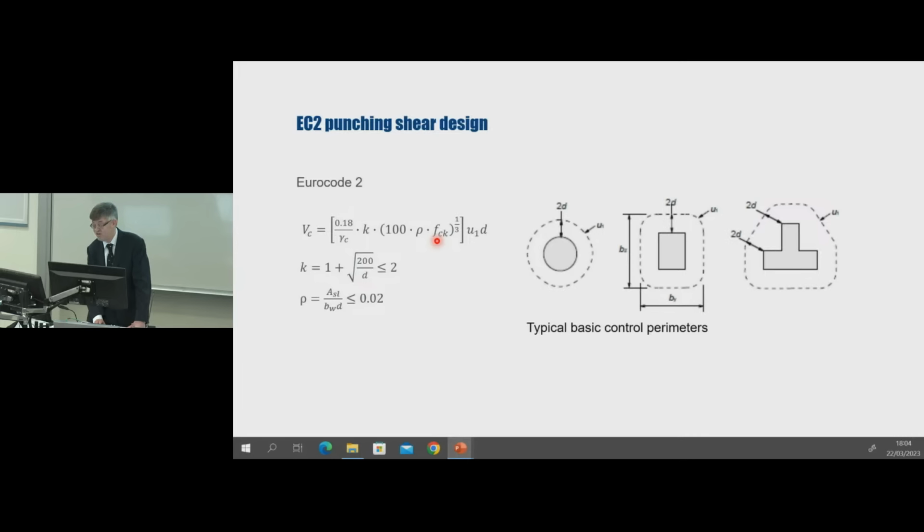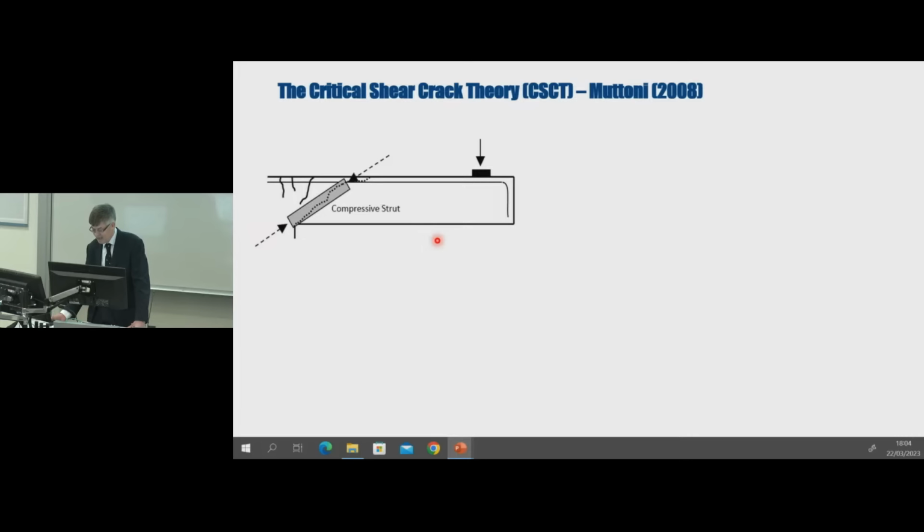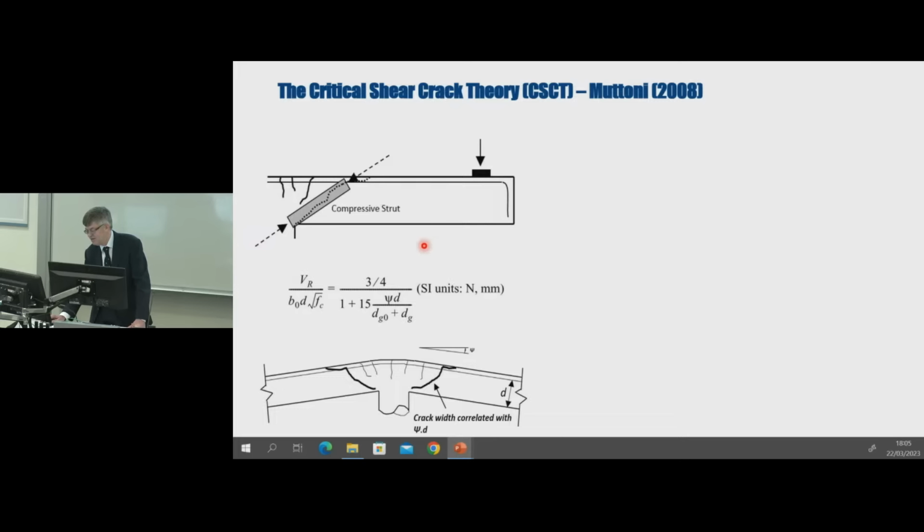in the experimental tests. In 2008, Professor Muttoni wrote a seminal paper in which he developed the critical shear crack theory for punching failure in slabs. The theory relates the punching resistance to the slab rotation. The basic idea is that the opening of the critical shear crack reduces the strength of the diagonal strut carrying the load back to the column.